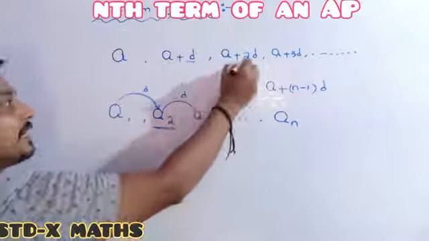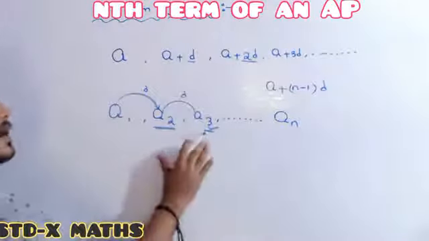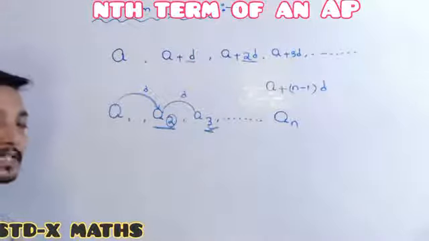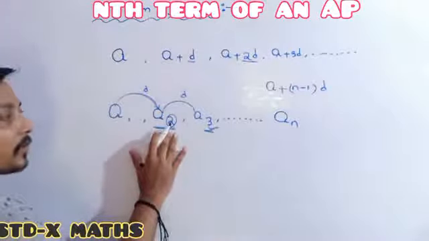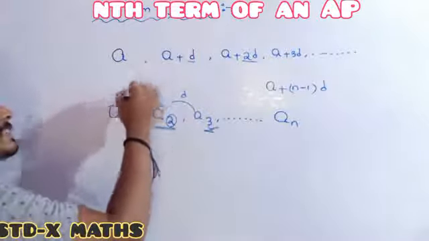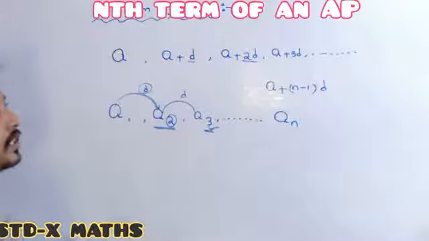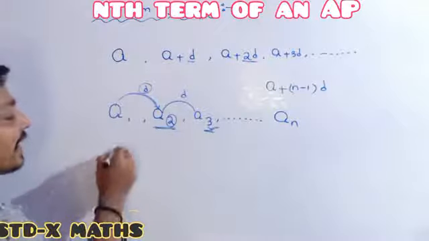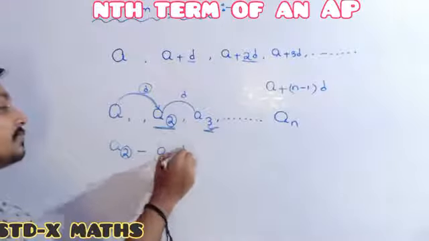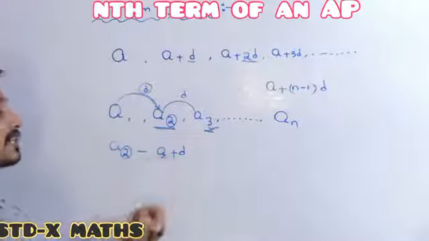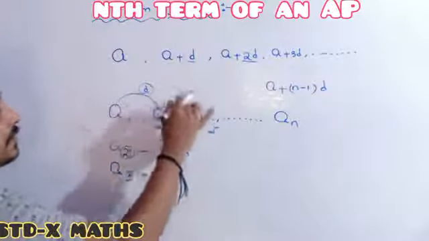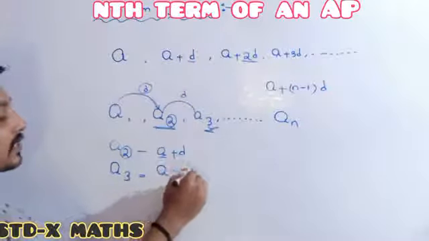That many differences are to be added to our first term so we can find the third term. In the same way, for the second term, the formula says the term number is 2, so 2 minus 1 means a single D is added to our first term. Here, A2 means a single D is added to the first term. A3 means 2D is added to the first term.